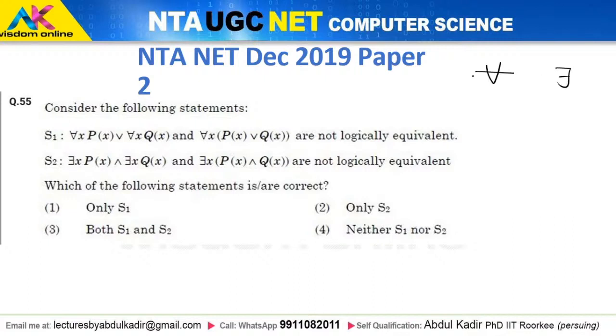For all, there exist, so these are the quantifiers, and these are the operators: and operator, or operator, implication operator. Let's take only these two operators, conjunction and disjunction.